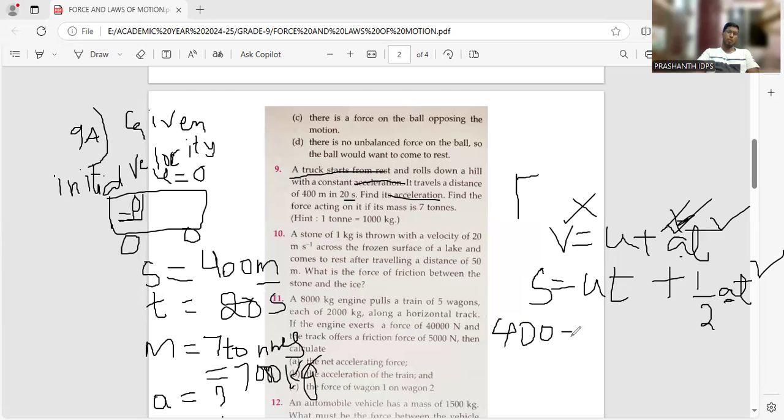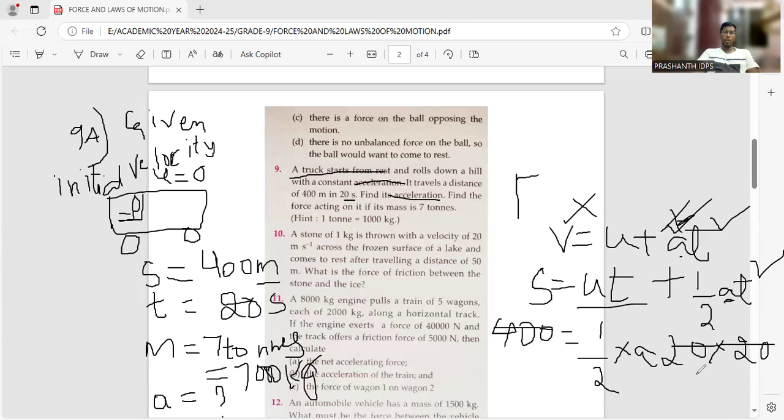The u value is 0, so the whole ut will become 0, which is equal to half into a into t square. What is t? 20, so 20 square. I'll write 20 into 20, which is 400. So here 400 and there 400 get cancelled.